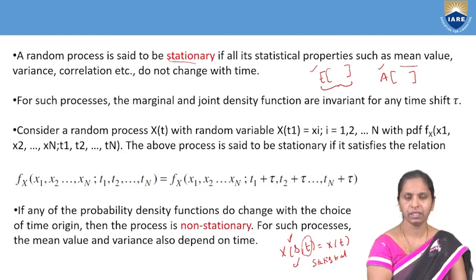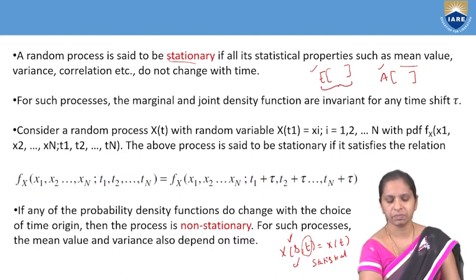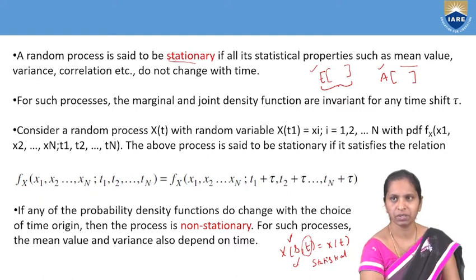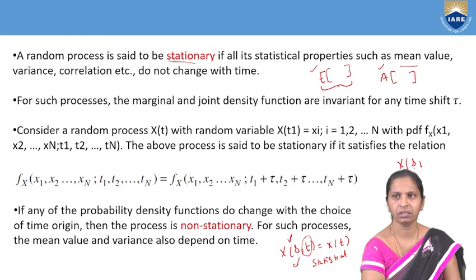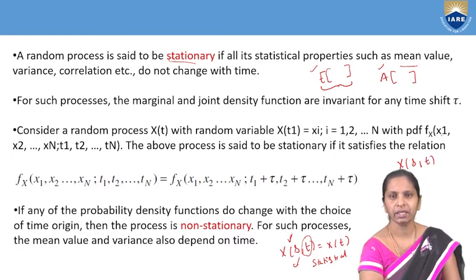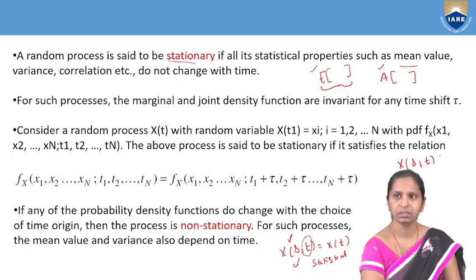Okay. Now, we are considering a random process x of t. Random process is a function of both the sample space element, or the outcome of the experiment, as well as the time. So, we have taken 3 cases: if the outcome of the experiment is fixed, if the time is fixed, if both are fixed. In the first case, if the time is fixed, then the random process is called as what?